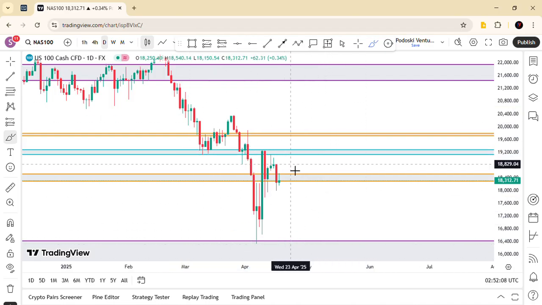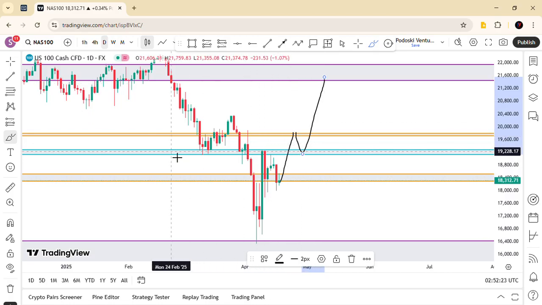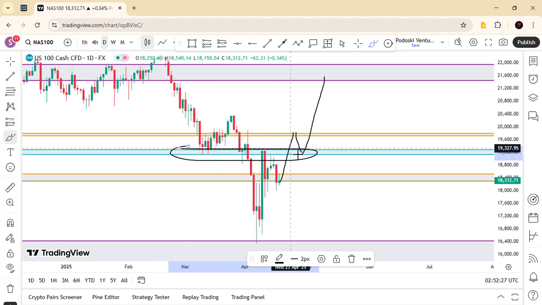If price breaks out of this zone, then we wait for a retest before we buy on NAS 100, just like we did on GBP CAD and BTC USD. If price breaks out, then we are seeing a change of character.